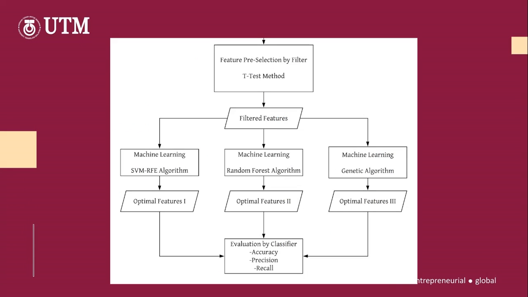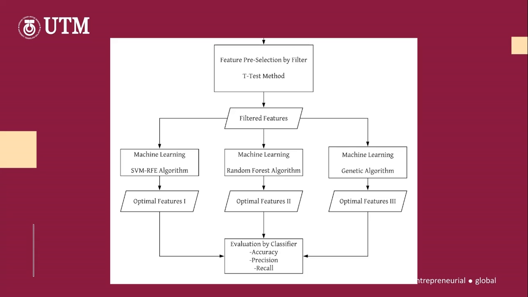The output result from data reduction, which is the top 250 genes, will be used for feature pre-selection by filter, which is a statistical method called t-test. And this t-test will produce output called filtered features. And the filtered features will be used on 3 different machine learning algorithms, as mentioned before.